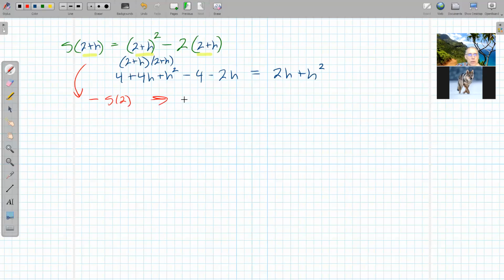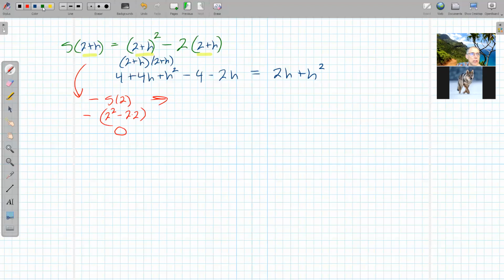And so S of 2 is going to be what? 2 squared minus 2 times 2. So what's that? 4 minus 4 is 0. Well, that's convenient. Cool. So now we have our numerator of our fraction.